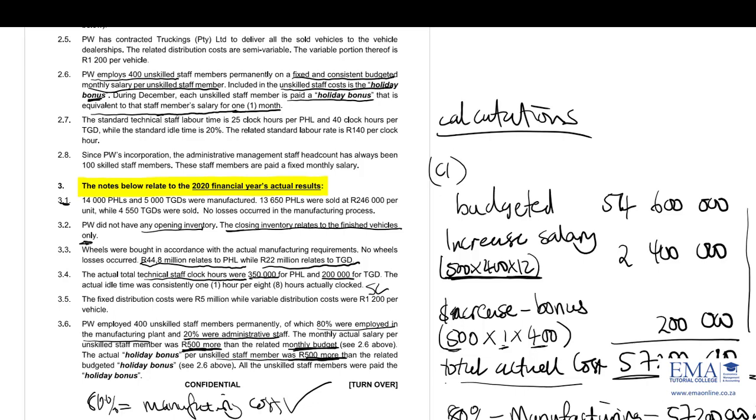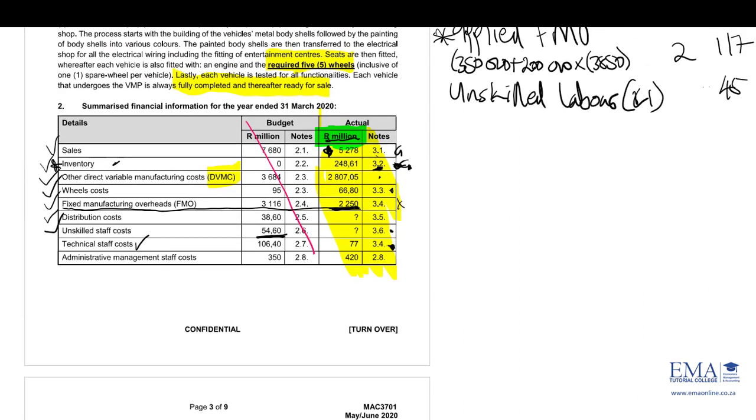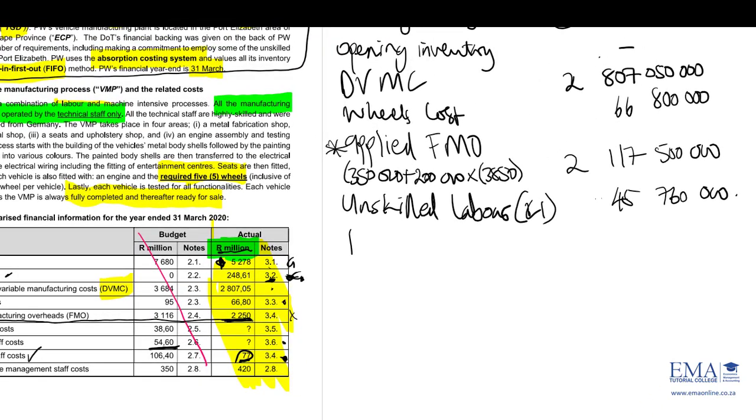They say the actual total technical staff clock hours were that, 200,000, and then they say the actual idle time was that. So they already gave us the cost, so we're simply going to take the cost as it is given, which is 77 here. As you can see, the cost was given as 77 million. So this is technical staff. So that's 77 million is given.